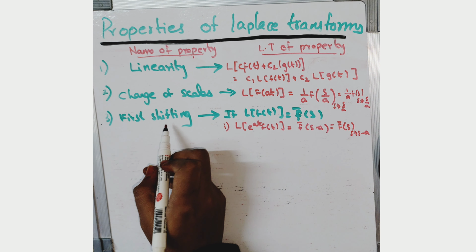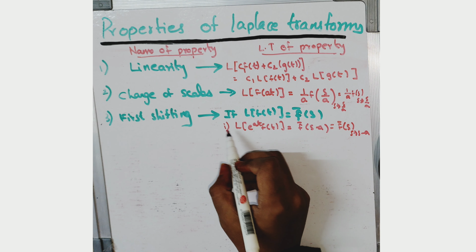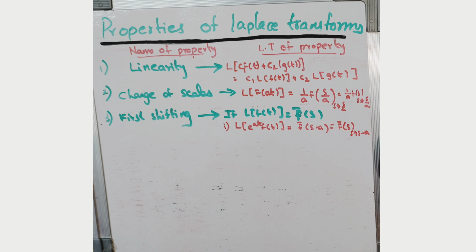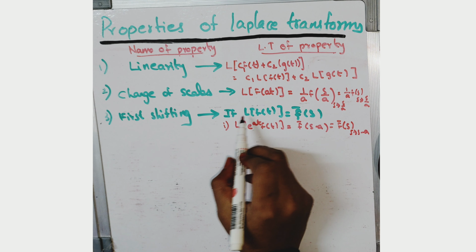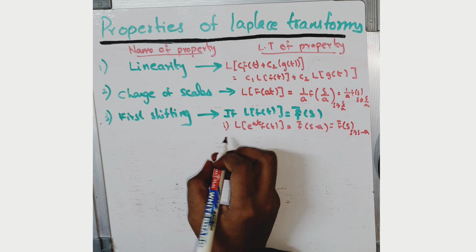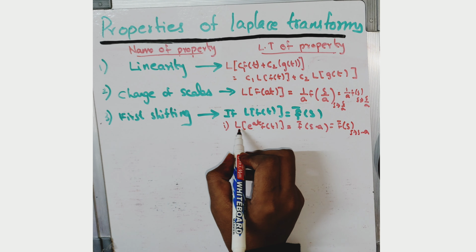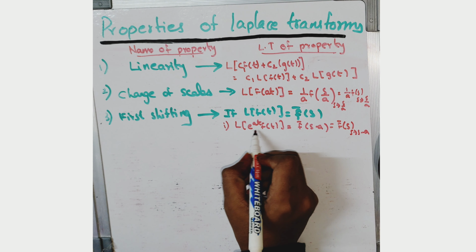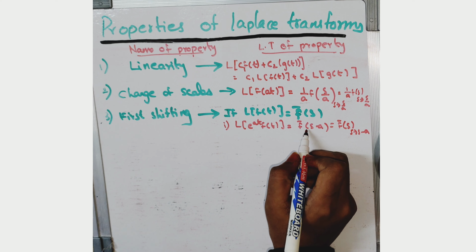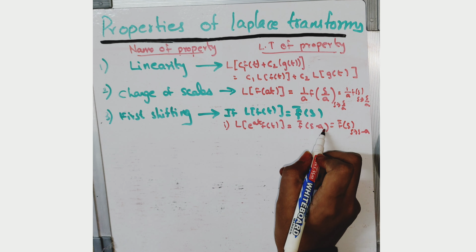And next is the first shifting property, where we are applying the Laplace transform for this first shift. So considering the Laplace transform of f of t is f bar of s, we are applying the Laplace transform for this first shifting property, which is e power at f of t. So we get it as f bar of s minus a.